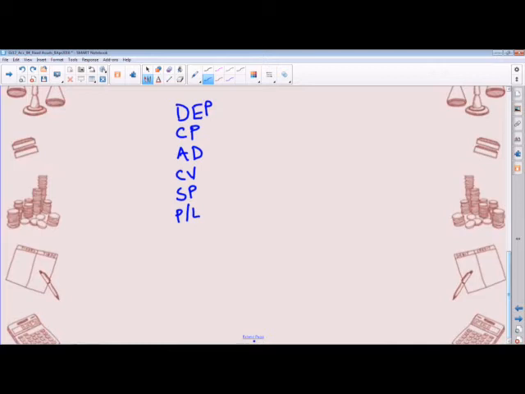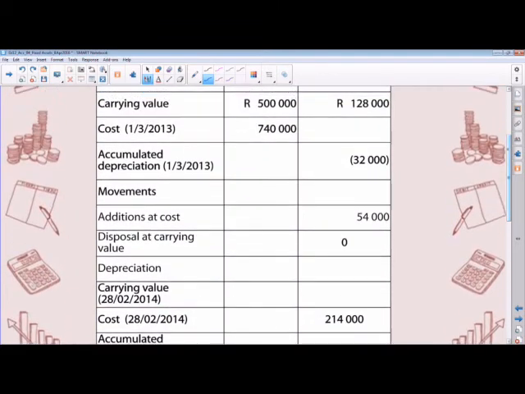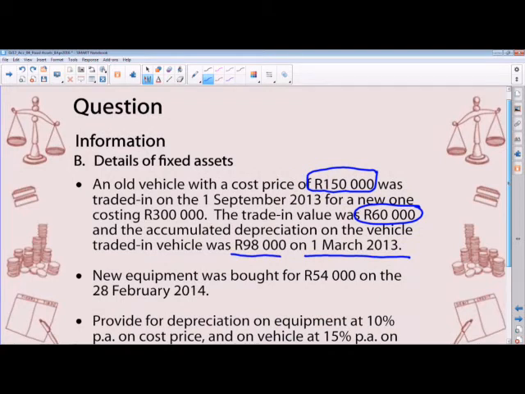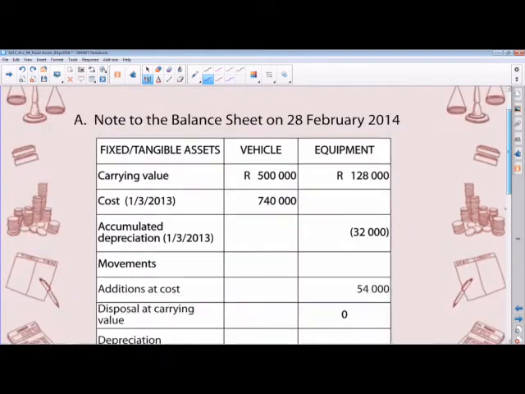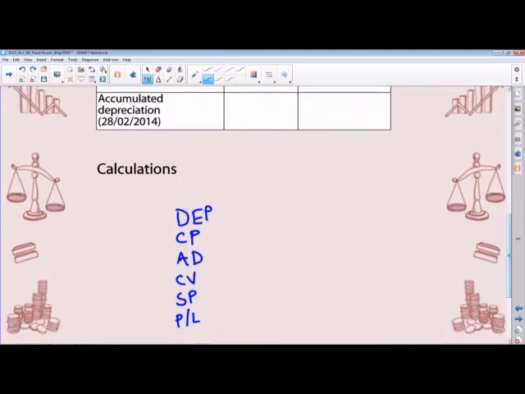Let's start. We know that the cost price of the asset that we are disposing of is 150,000, correct? So immediately I go into my table and I say, my cost price is 150,000. Notice where my information is coming from.